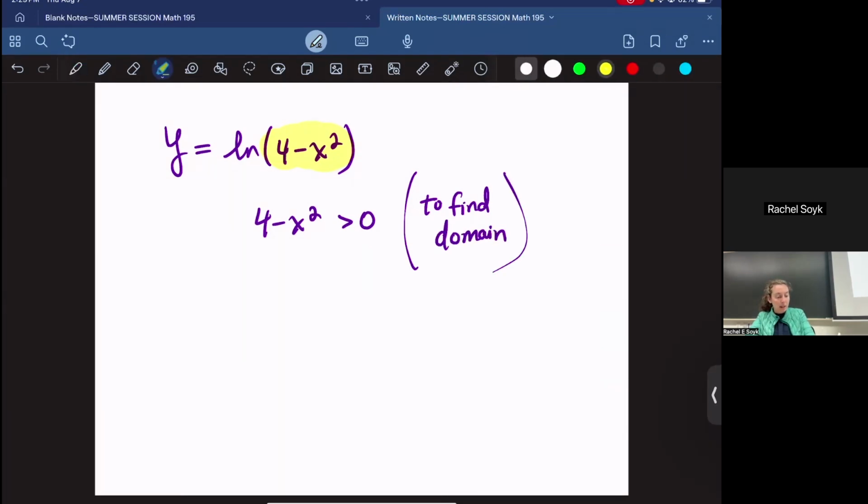And then from there, you again go back: 4 minus x squared is the same as 2 minus x and 2 plus x. All right, well, what does that tell us? We have our critical points at -2 and positive 2.